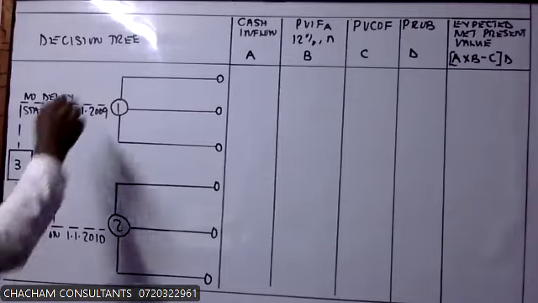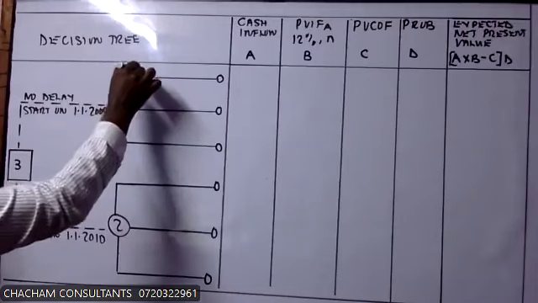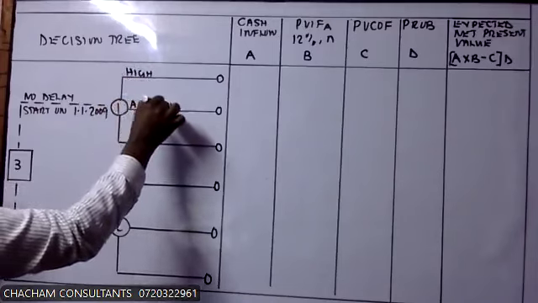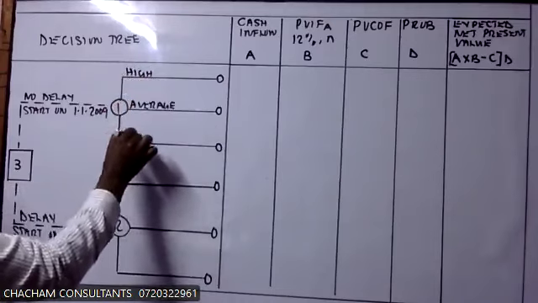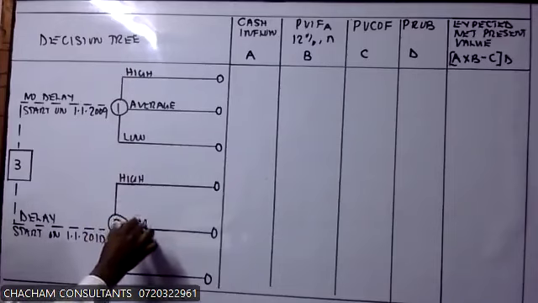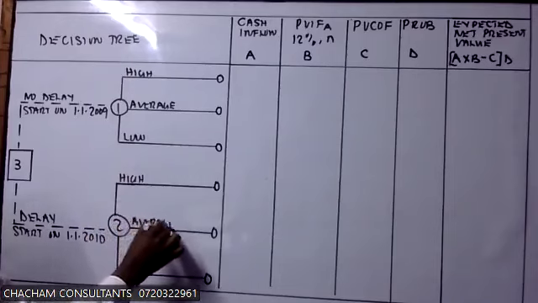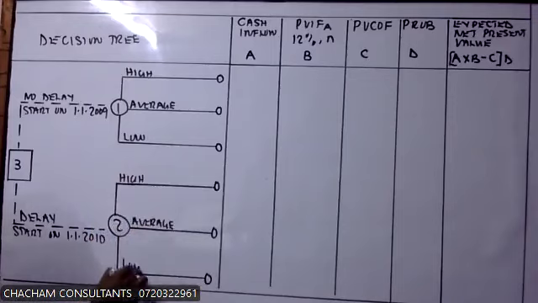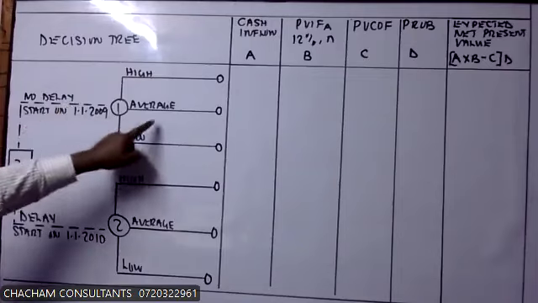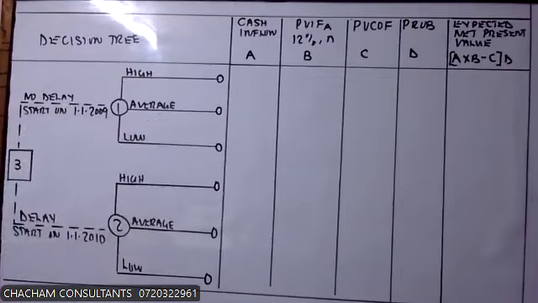Then you can get high, average and low. You can get high, average, and low. So this is how they're supposed to be drawn. These lines represent the options, and these ones represent the outcomes. Although in the marking center, they are not strict about you differentiating them.